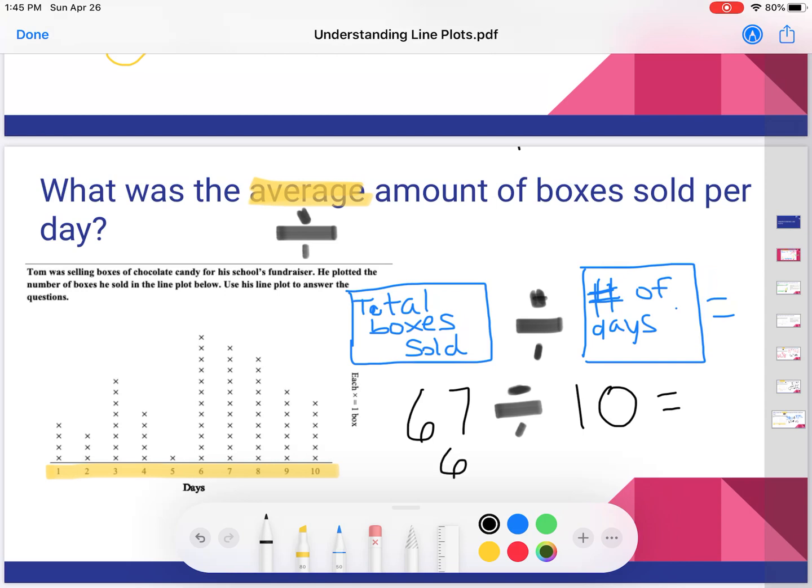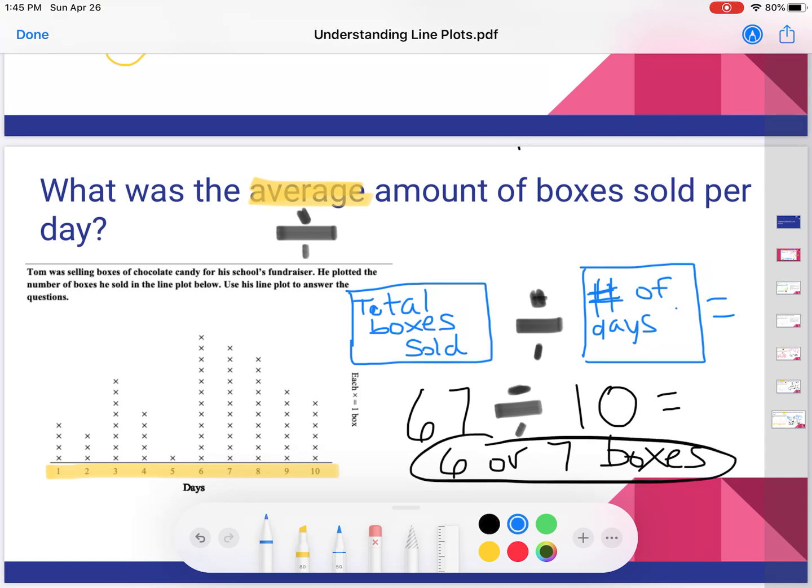Did you say 6 or 7? If so, you're correct, because 67 divided by 10 would give you 6, remainder 7.